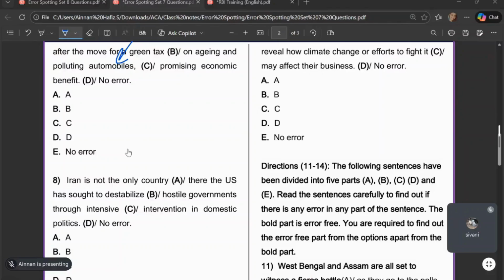B. Yeah, instead of there, it should be where. Correct. So Iran is not the only country where the US has sought to destabilize the hostile governments. So it's just one grammatical mistake. Instead of there, it should be where. So the error is in B.